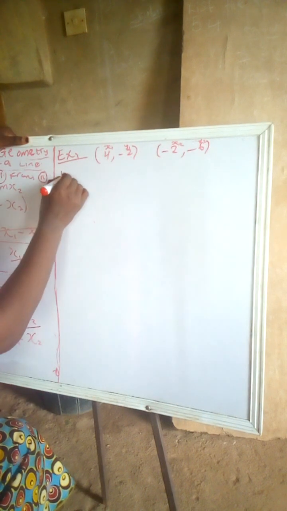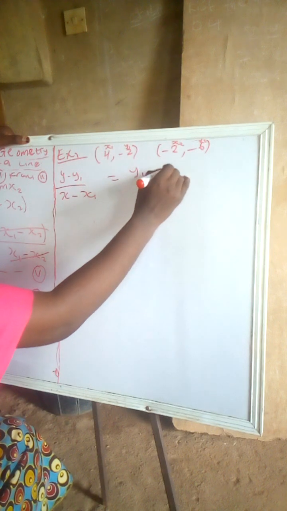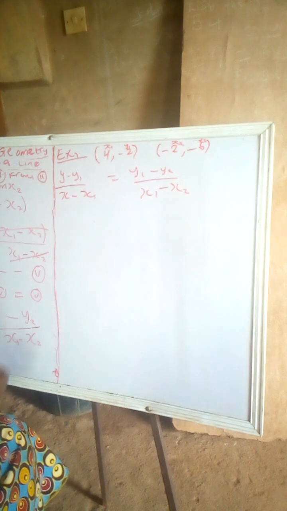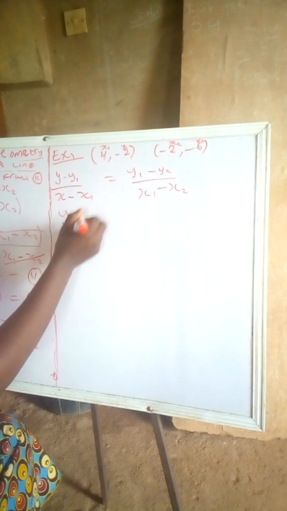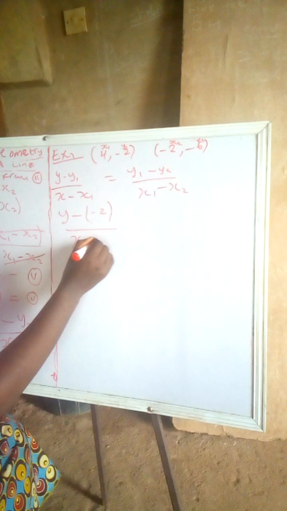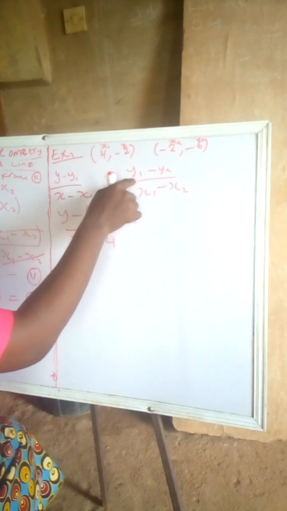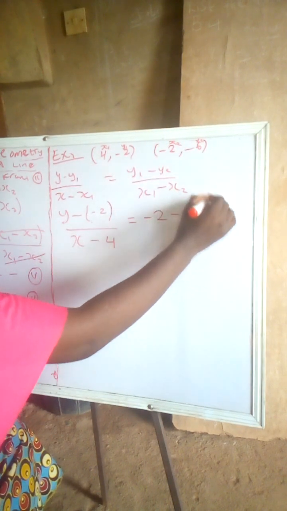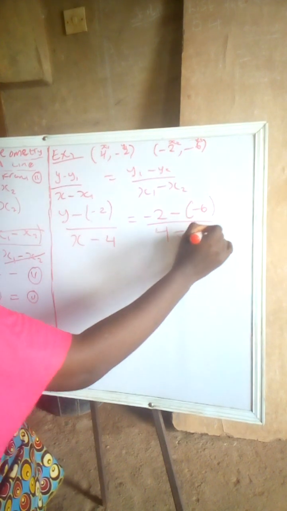Our formula is y minus y1 over x minus x1 equals y1 minus y2 over x1 minus x2. So our answer is going to be y minus, what is our y1? That's -2, over x minus, our x1 is 4, equals y1 here -2 minus y2 -6 over our x1, which is 4, minus x2, which is -2.